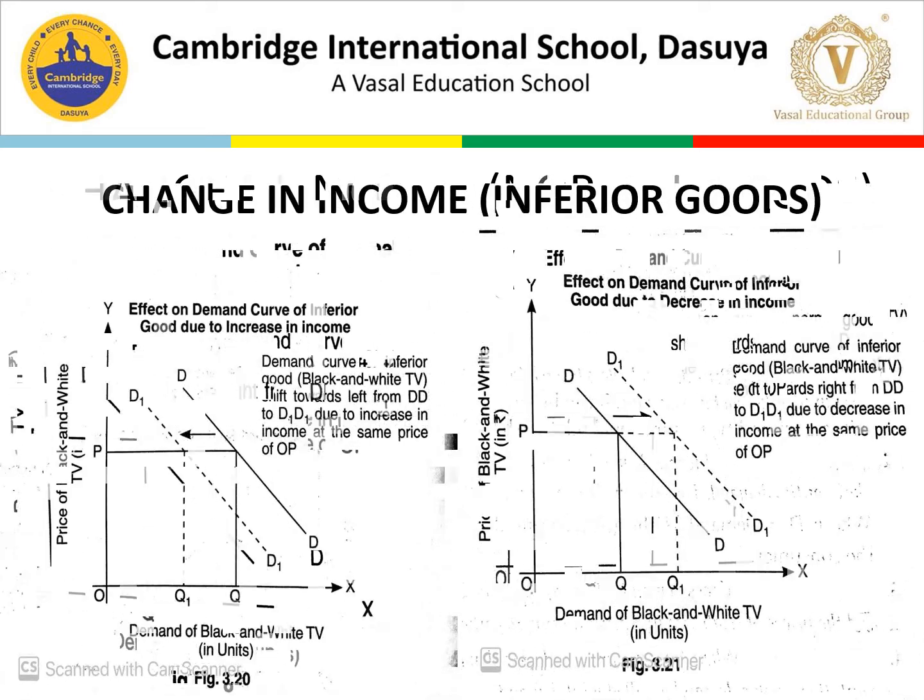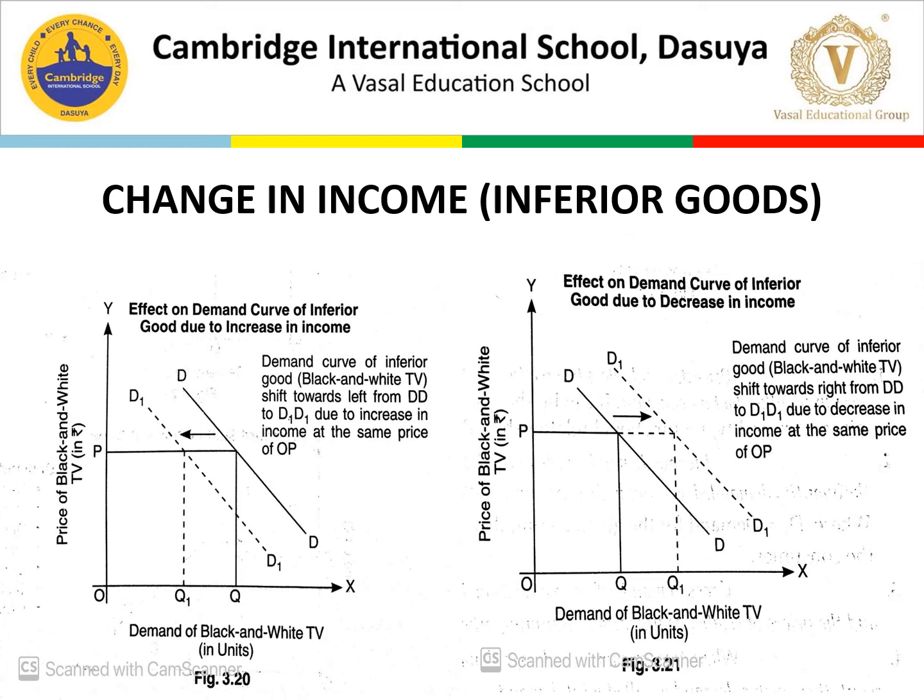Now let's look at inferior goods. When we talk about the change in inferior goods, we have the effect on the demand curve of an inferior good due to an increase in income, and another due to a decrease in income. The demand curve of an inferior good always shifts to the leftward side due to an increase in income at the same price.